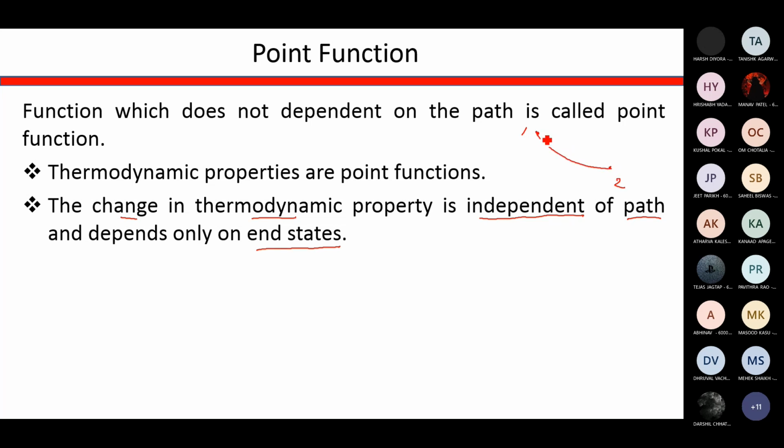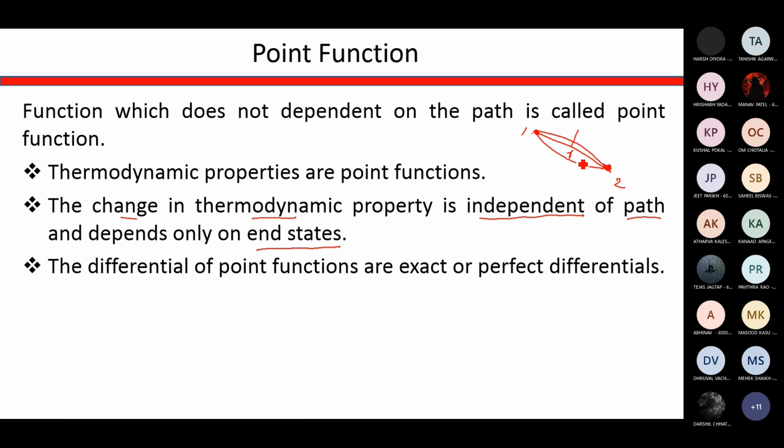Irrespective of which way you come to the final state, the changes in thermodynamic properties are independent of this path. They only depend on these two states. As long as these two states are fixed, the change in the property is fixed, irrespective of which path you follow. Clear? So that's why they are point functions.